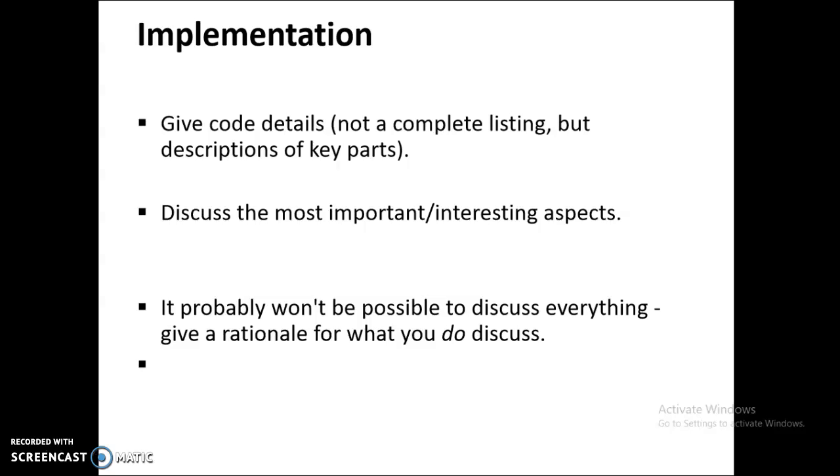At the implementation level, you are documenting your code details, and I'm saying don't put a complete list of your code, but describe a few aspects of your code in your report. It's also important that you discuss the interesting aspects of your code, the challenges, and also the source of where you took the code from.